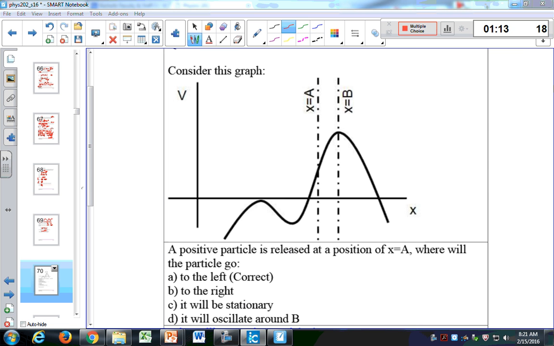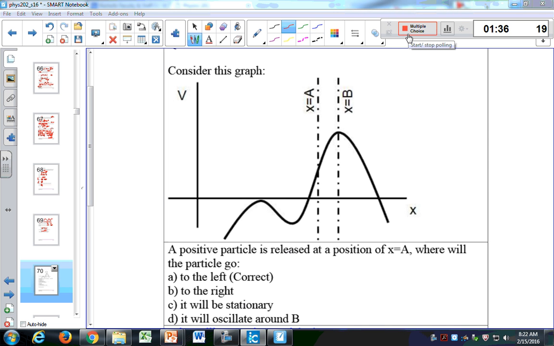They move from high to low, from the positive side to the negative side. So if I release a positive particle here, it's going to move to lower potential. That means it's going to move to the left, because a positive particle will tend to move from high to low potential. So go ahead and put in A. A is the right answer.